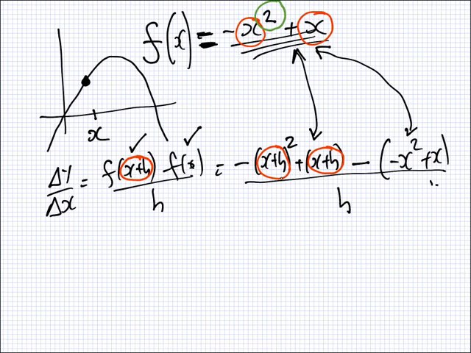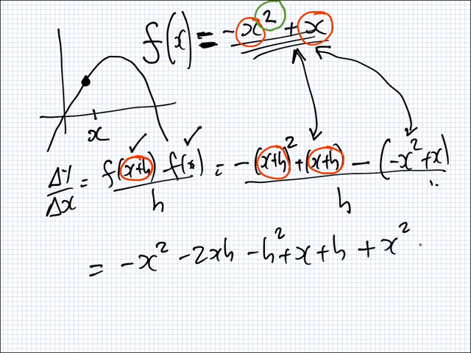Let me simplify the top. I'll expand this. What do I get? Minus x squared minus 2xh minus h squared plus x plus h plus x squared minus x, all over h.